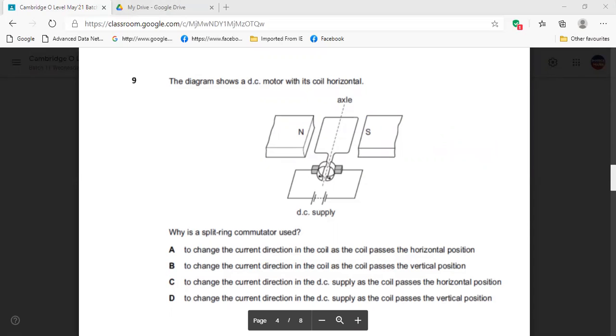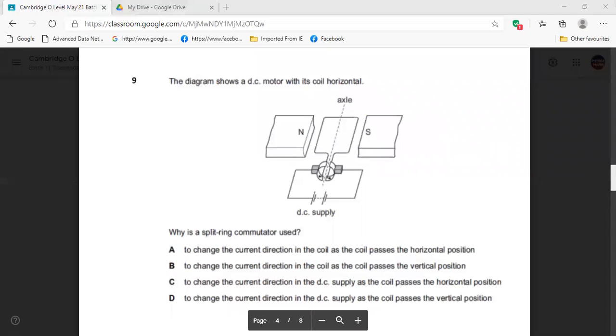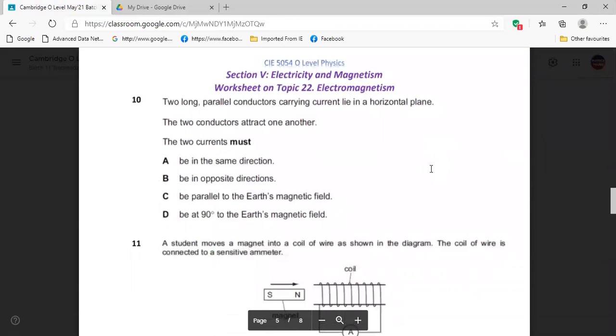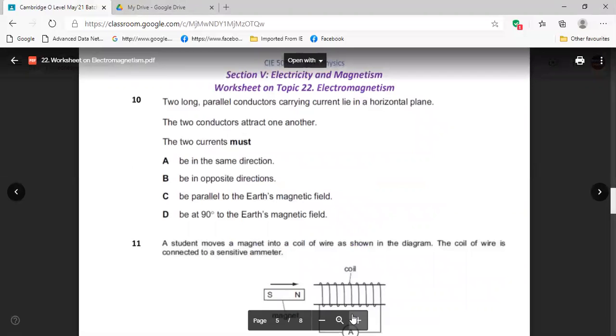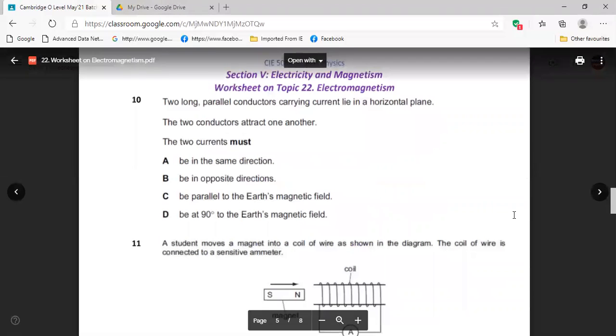B. Yes, correct. Then continue. Two long parallel conductors carrying current lie in a horizontal plane. The two conductors attract one another. The two currents must be in the same direction. A.